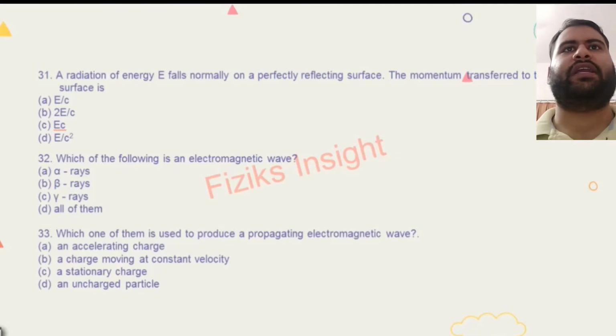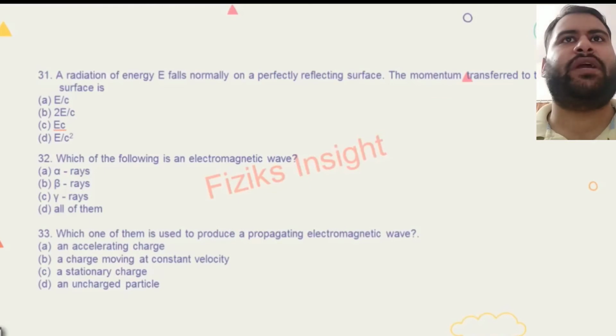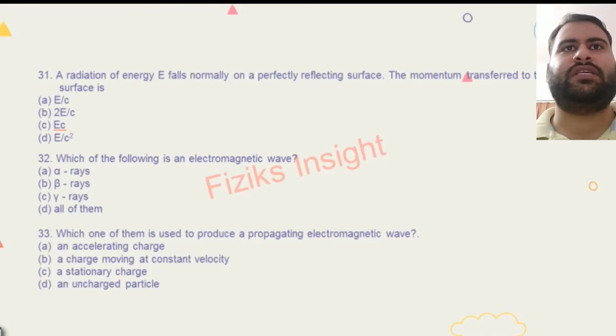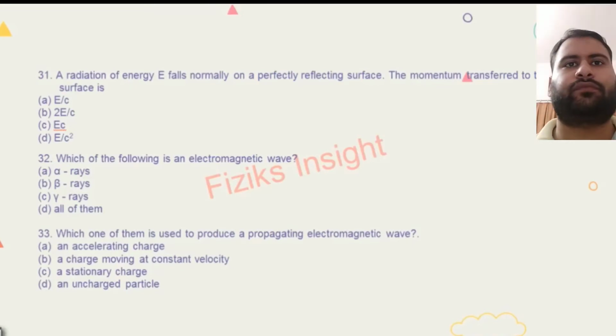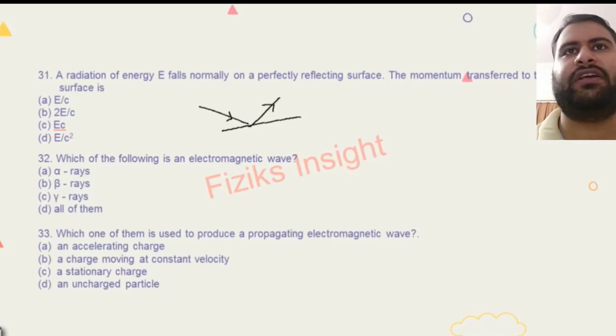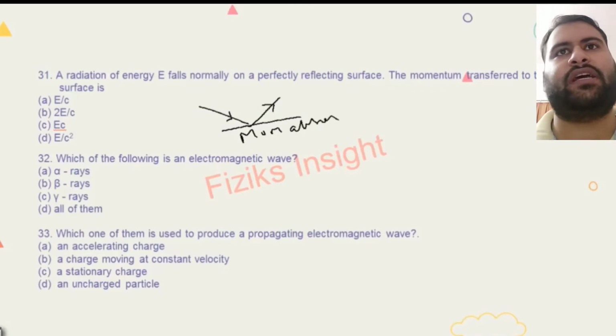Now 31st question is, a radiation of energy E falls normal on a perfectly reflecting surface. The momentum transferred to the surface is E by C, 2E by C, EC, E upon C square. So which option should be correct? See, if we have a surface and a photon is falling on it and it reflects back, the change in momentum is equivalent to the momentum absorbed.